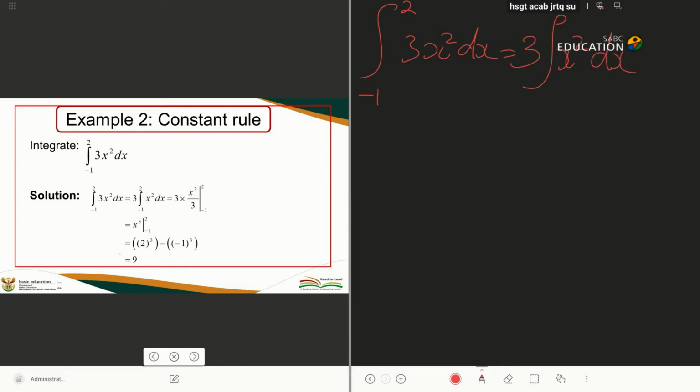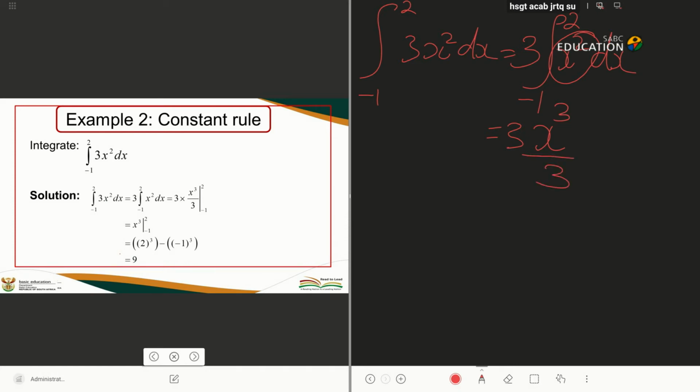Now here we have our limit of -1 and there we have 2. Our main thing is to determine the integral of x squared by applying the rules we have learned on indefinite integrals, so this will be equal to 3 times x cubed divided by 3.